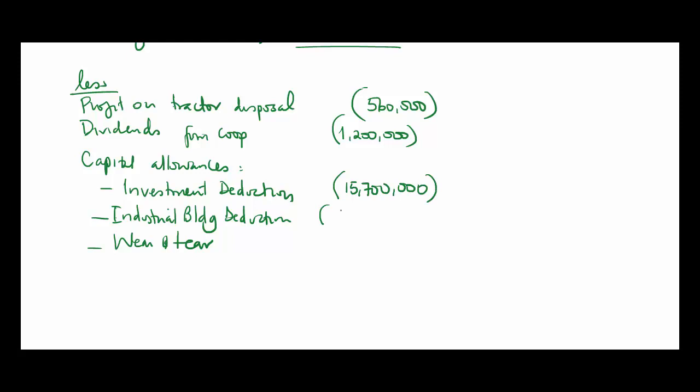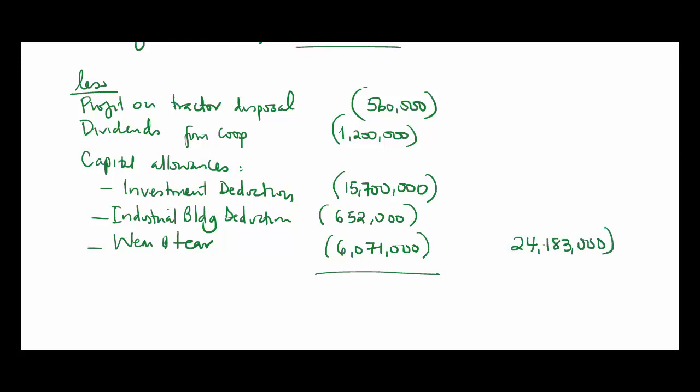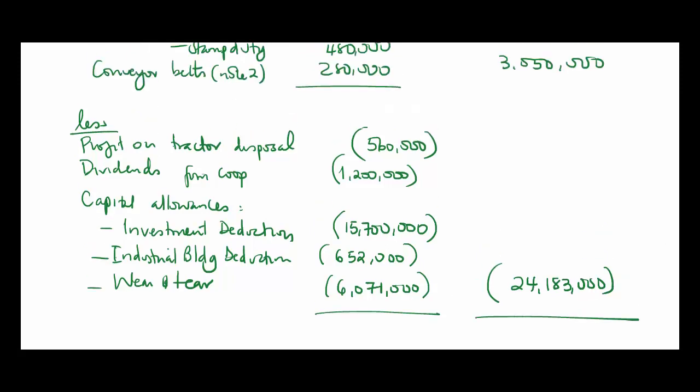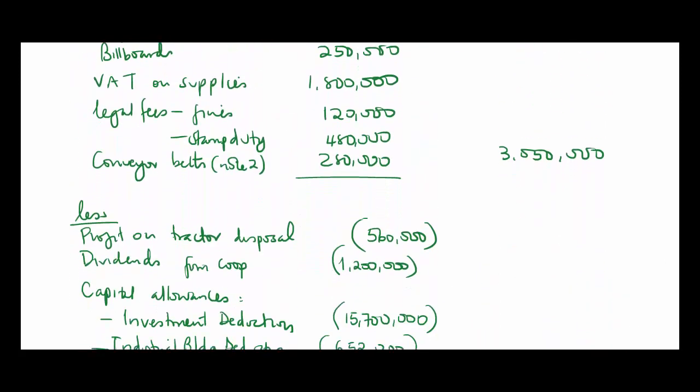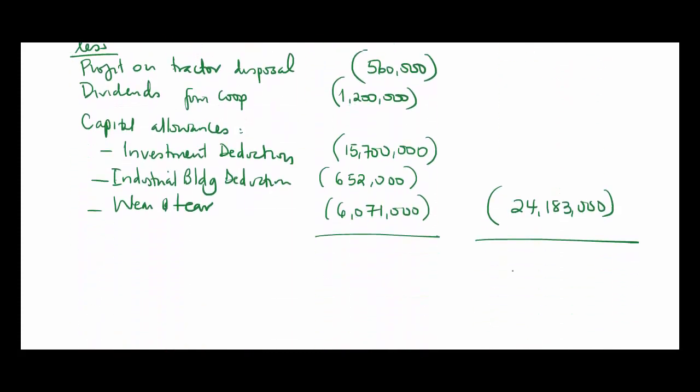So this gives me 24,183. And when I work it out, 4 million plus 3 million minus 24 million gives me a loss of 16,953,000.